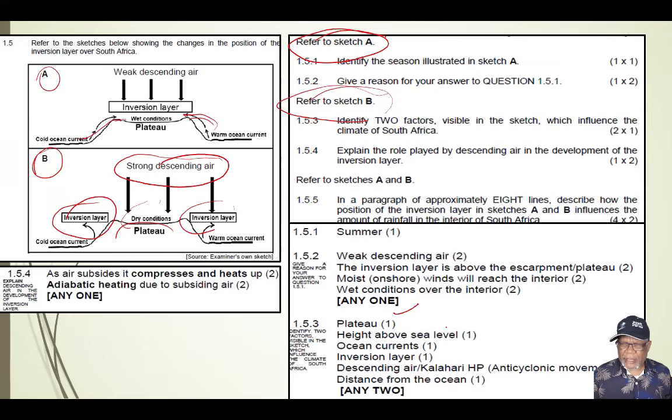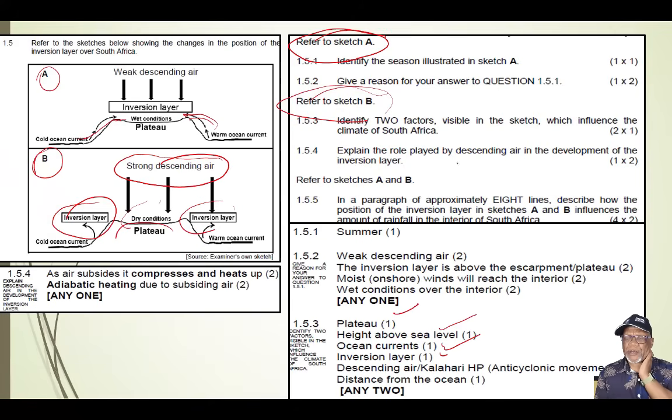You can see height above sea level, ocean currents. You can see everything here. So the examiner wanted to give you free marks. But you'll find that some people are not getting it right because they do not read. This is just free 2 marks.